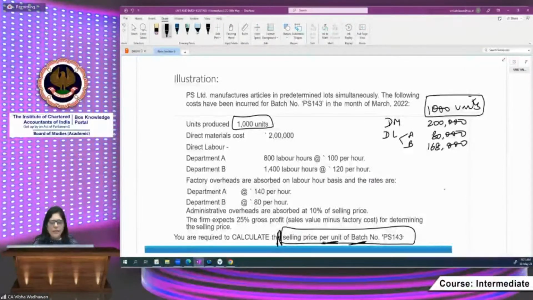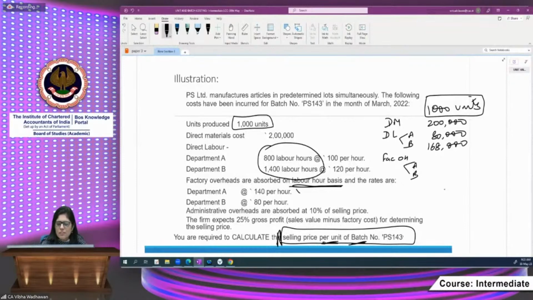Then you have factory overheads. Factory overheads are absorbed on labor hour basis, and the rates are given to you for A and B. These are the hours, and we have been given labor hours for department A and B both.